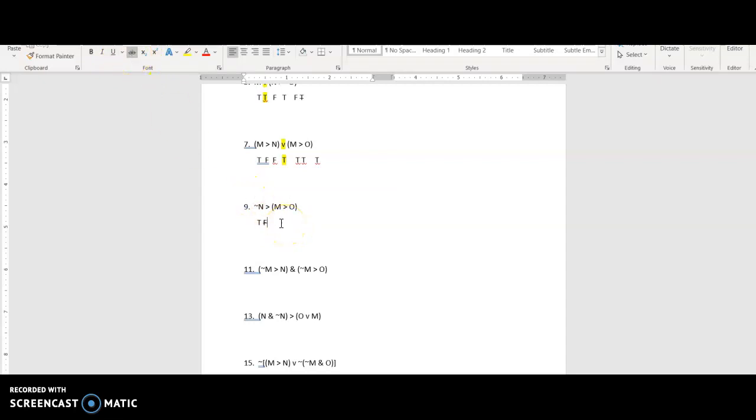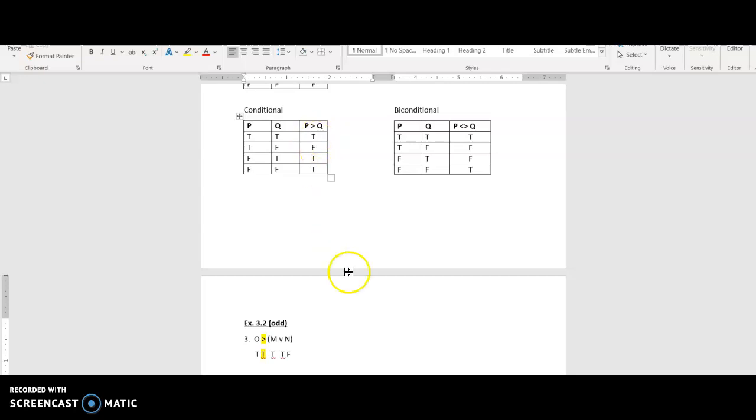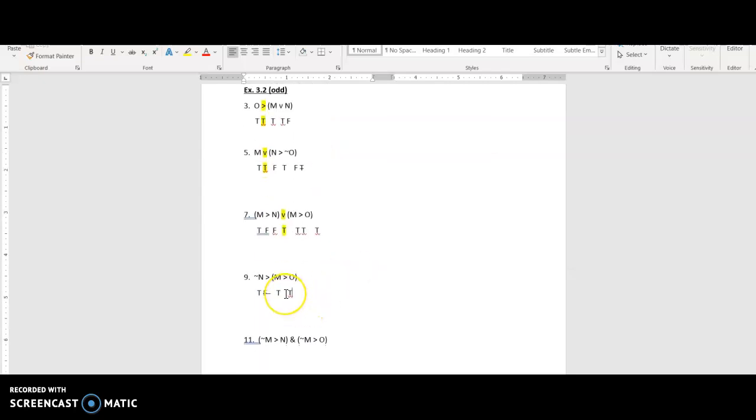Now, inside parentheses here we have T or T, and if we have a conditional that has true, true, the whole conditional comes out as true. So inside the parentheses is true. So now we have true antecedent, true consequent, which makes the whole thing come out as true.